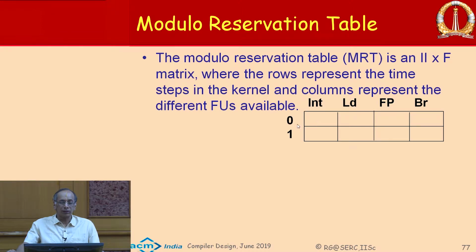So, for our example, II was 2, so we have basically 2 rows and we had 4 functional units. Now, when you do the scheduling, if an operation is scheduled at time step t, then t mod II is the time step in which it is needed in the modulo reservation table. That is how you mark it.